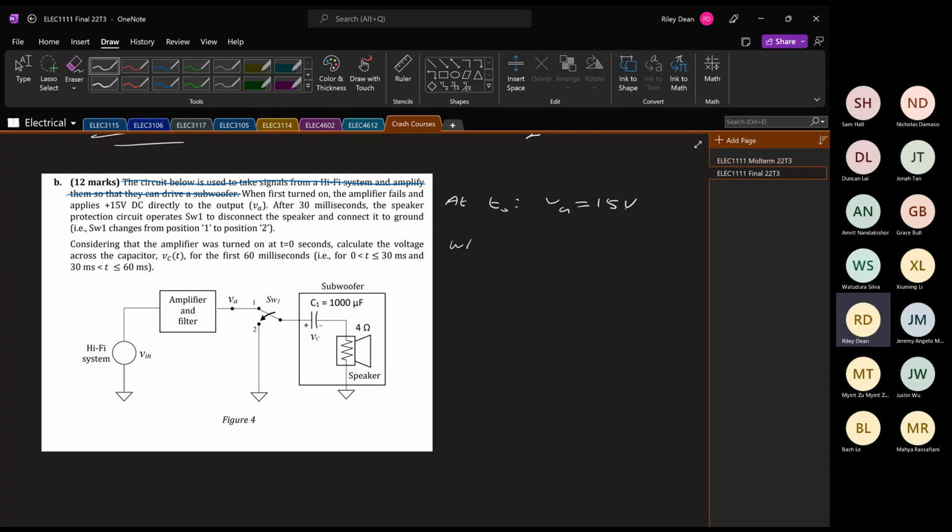Then we can say when T equals 30 milliseconds, which is this part here, the switch is grounded.